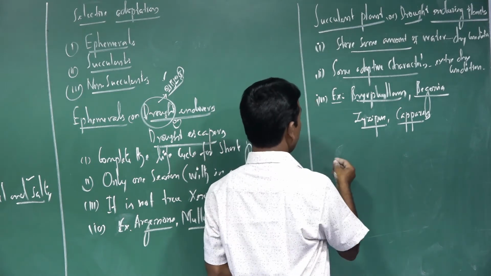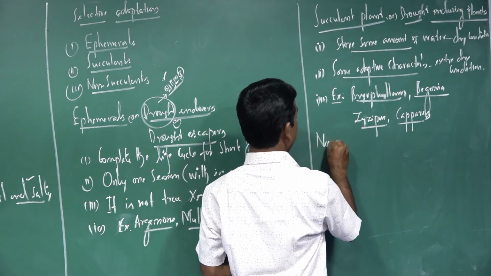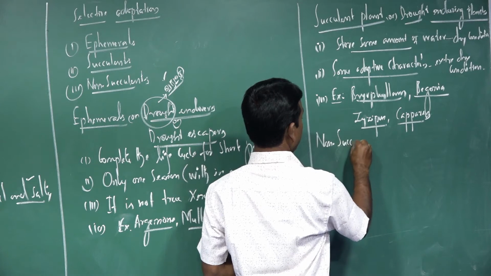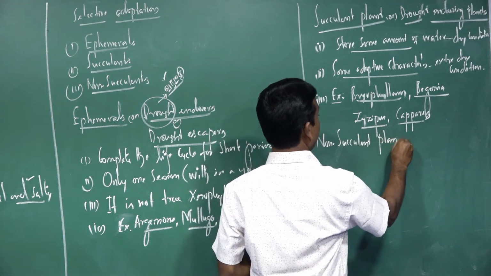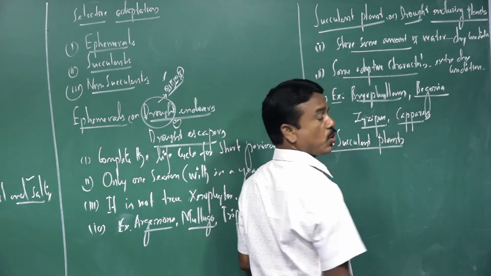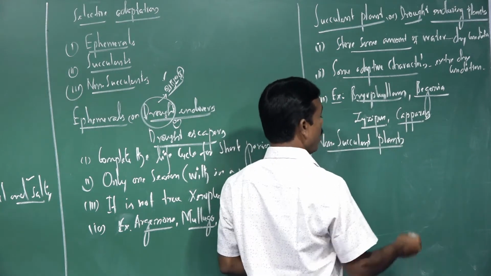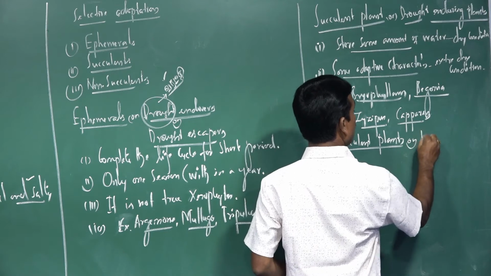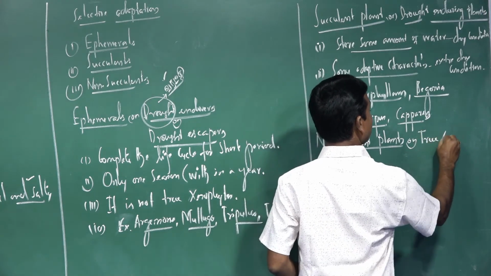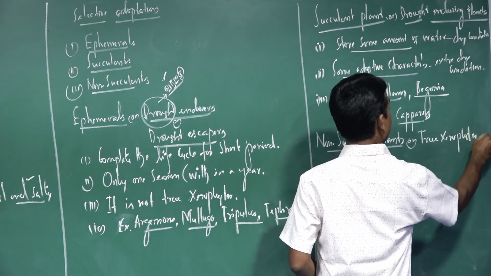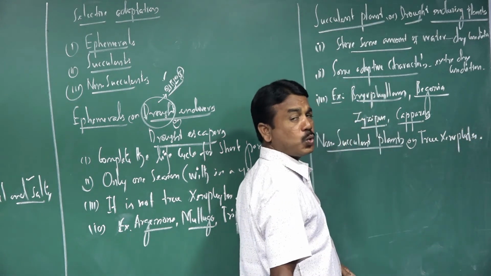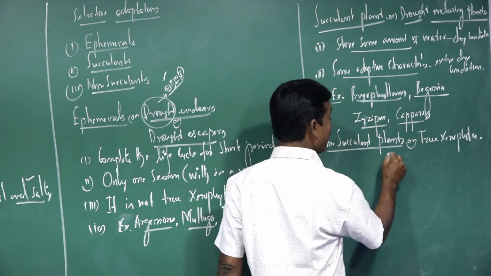Can I go to the last one? Non-succulent plants are also called non-succulent xerophytes, or true xerophytes, or true drought resisting plants.